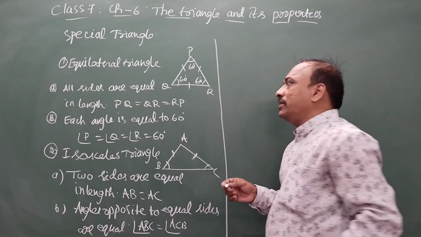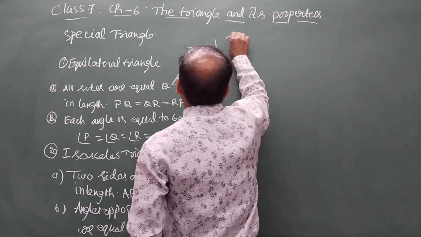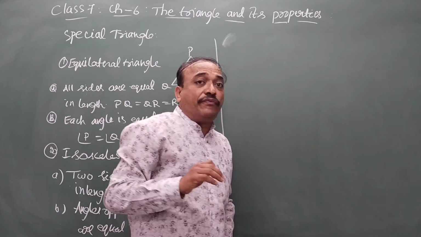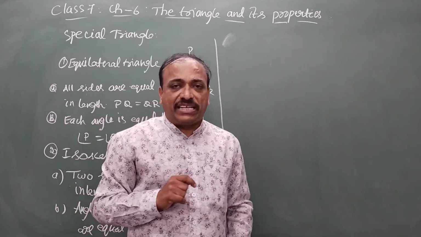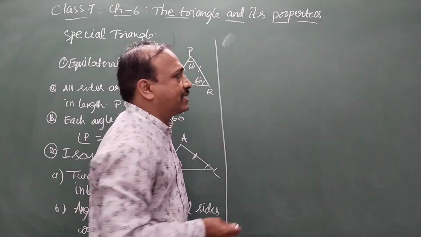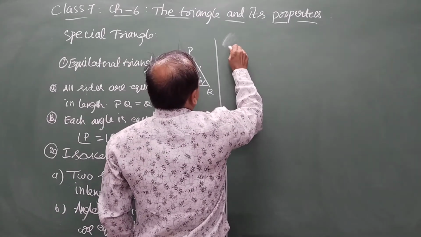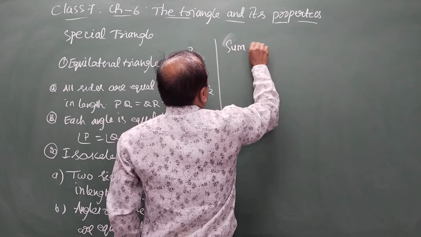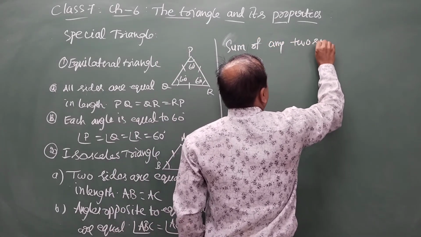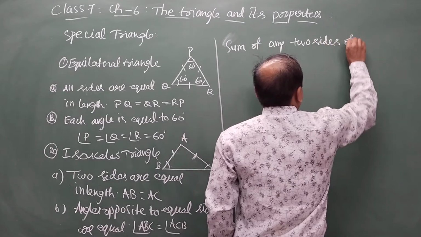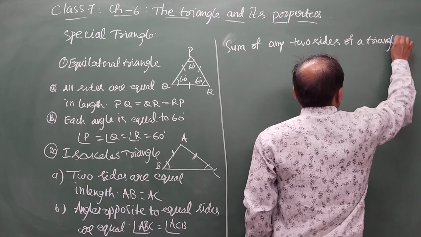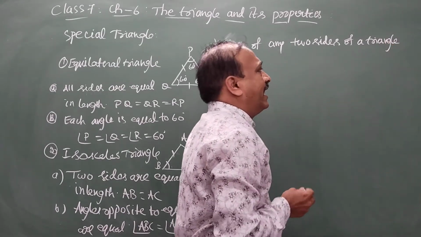Let us see that. That is the triangle inequality. If you add any two sides of a triangle, the sum should be greater than the third side.